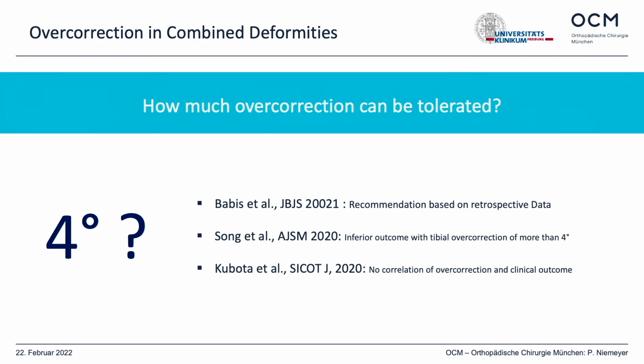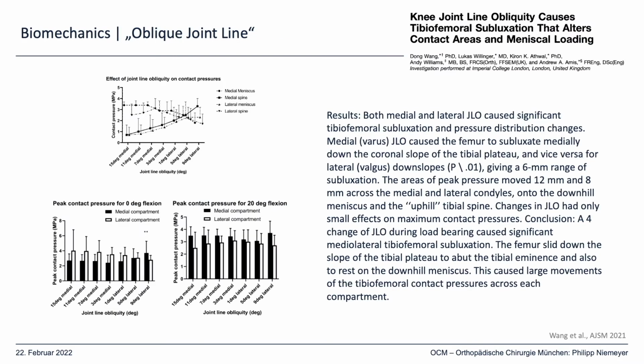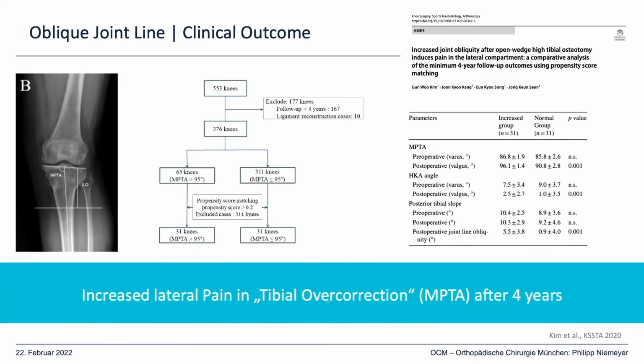We have several studies that show that an oblique joint line is actually correlated with inferior clinical outcome, and a recent paper has actually discovered that biomechanics are really pathological once the joint line is oblique. You don't have any neutral alignment or neutral load distribution, even if the overall alignment is straight in these patients.